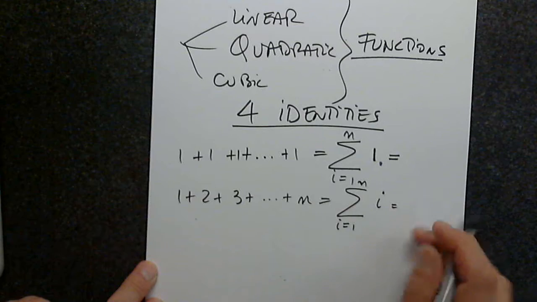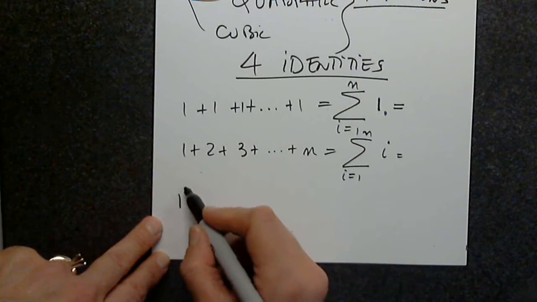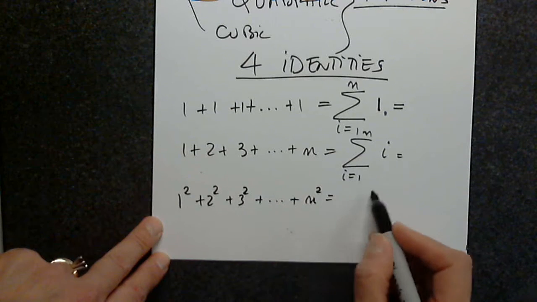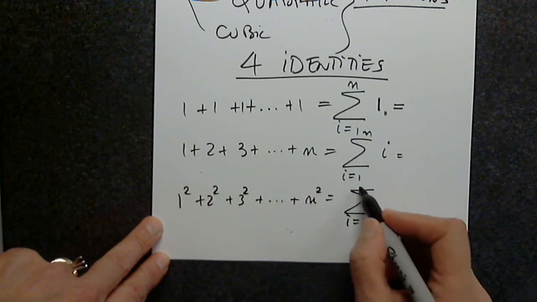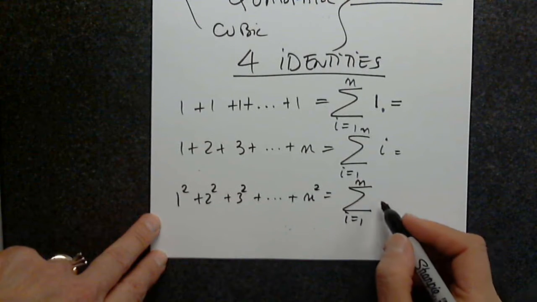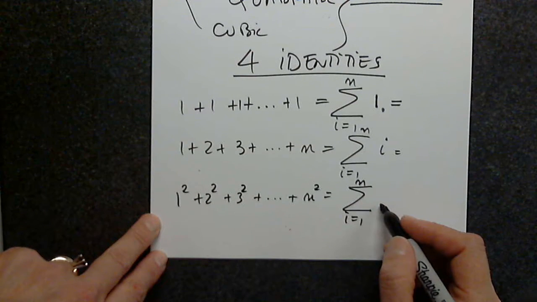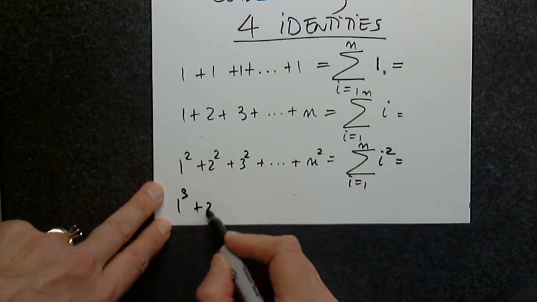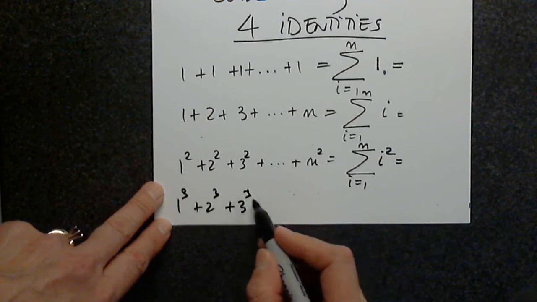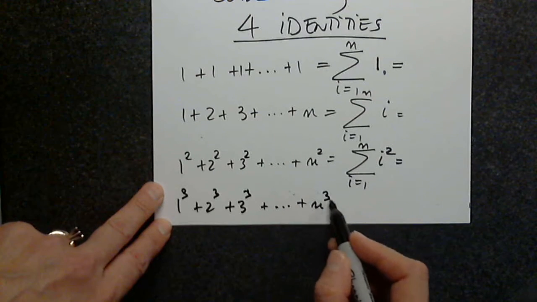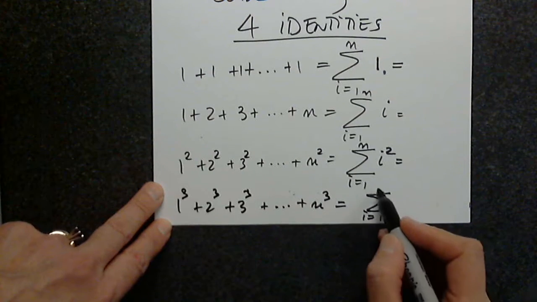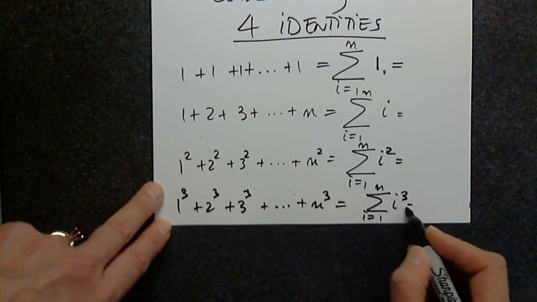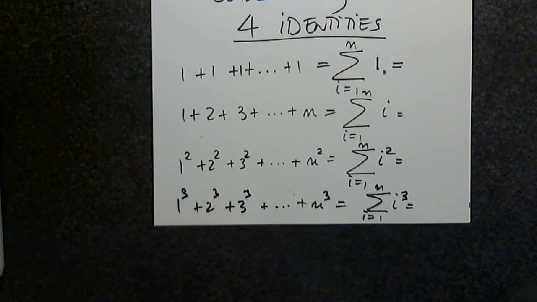And leave some room to write the answer. 1 squared plus 2 squared plus 3 squared plus dot dot dot plus n squared is the sum from i equals 1 to n of what? Excellent. And the last, of course, 1 cubed plus 2 cubed plus 3 cubed plus dot dot dot plus n cubed is the sum from i equals 1 through n of i cubed. We need to come up with 4 answers.